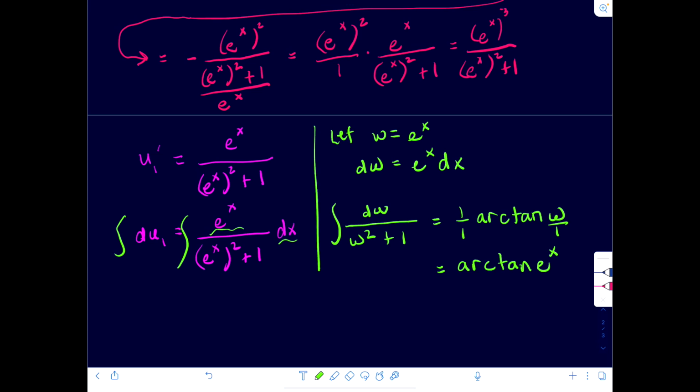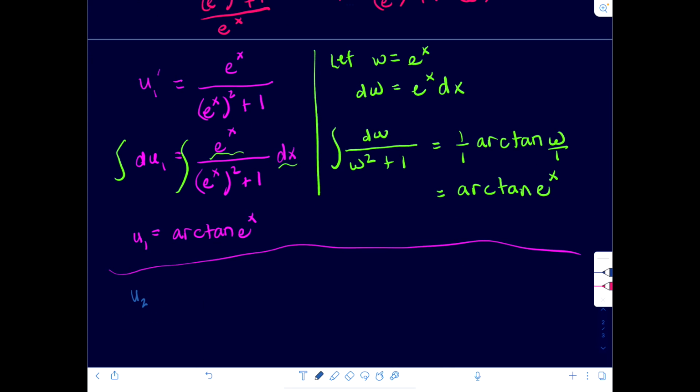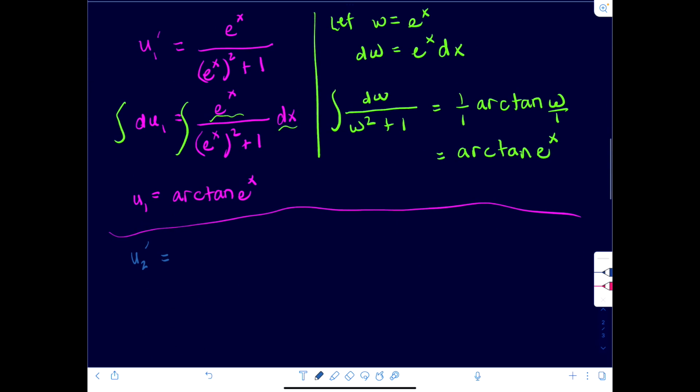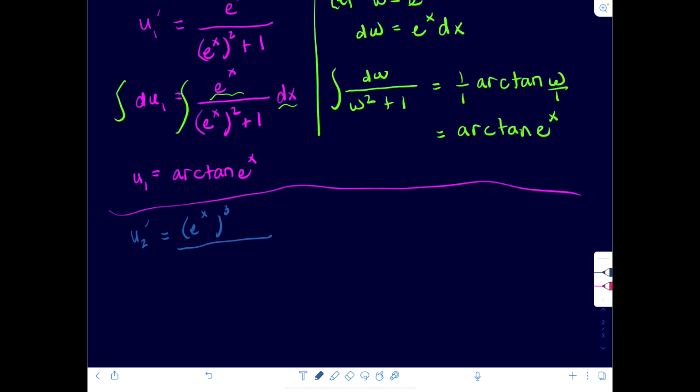So integrating both sides, we'll just get u1 is equal to arc tangent of e to the x. All right, so now looking at u2 prime. So u2 prime is e to the x cubed over e to the x squared plus 1.